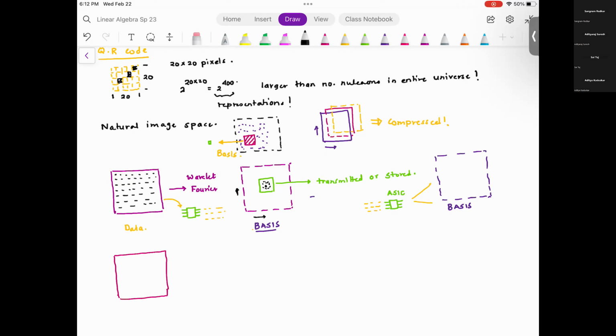But now, rather than doing this rastering, I would do random capture of data. So basically, I would continue to capture data in some type of random fashion.